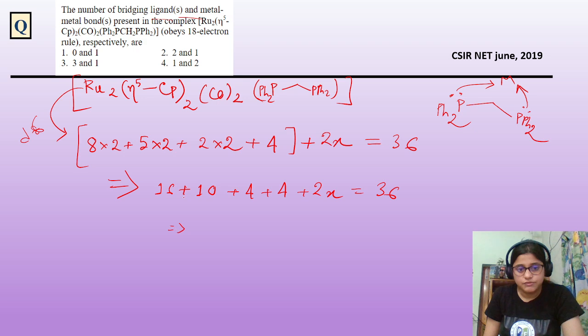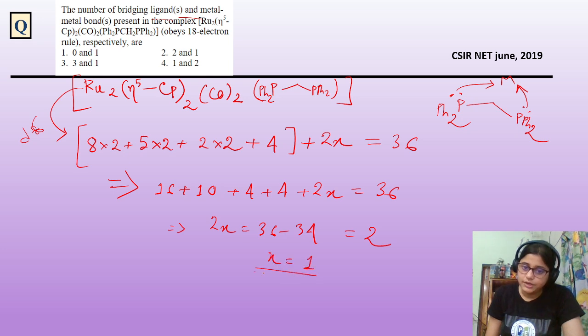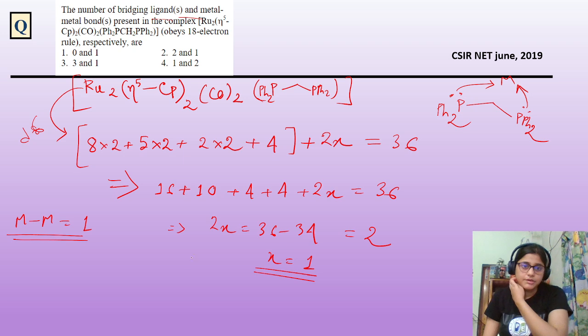Now 26, 30, 34. So 2x will be 36 minus 34, which is 2. So x will be equal to 1. So the metal-metal bond is 1. One metal-metal bond is present between the two Ru.